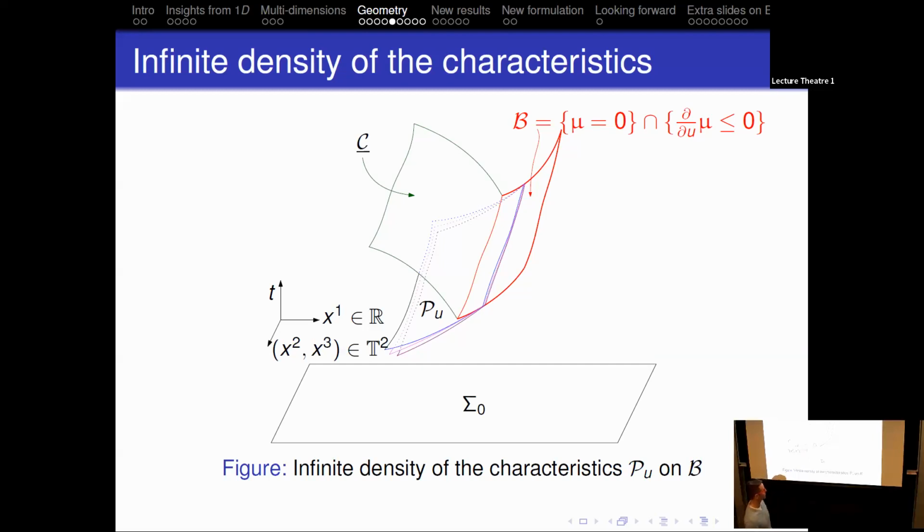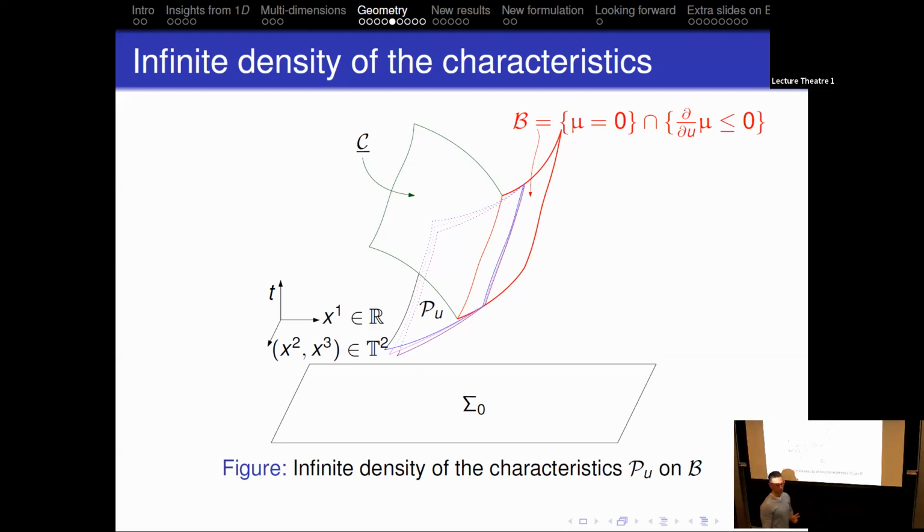In such a worse regime, you can have a situation where a whole open family of characteristics piles up on a single codimension 2 manifold. Or in the 1D picture, you can have a continuum of characteristic lines pile up at a single point.